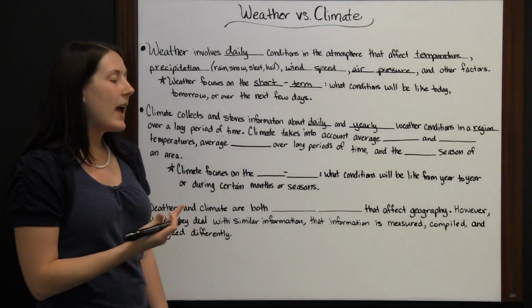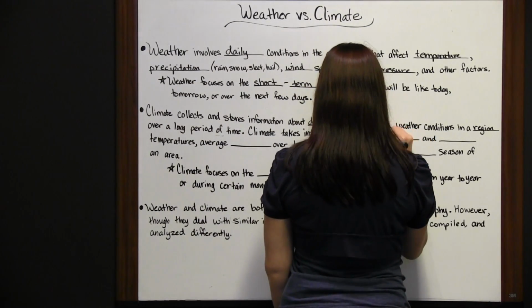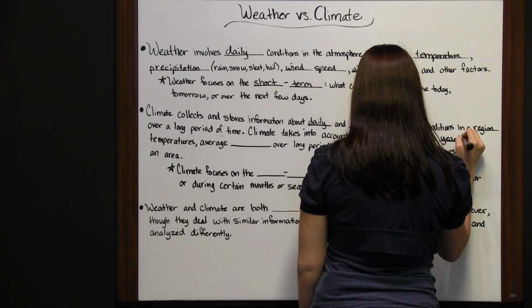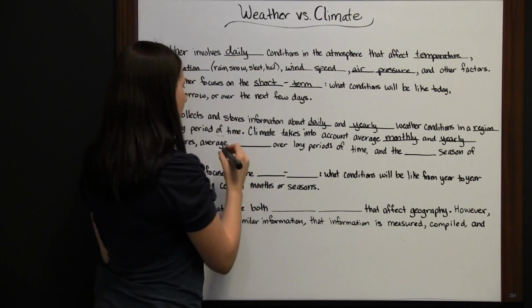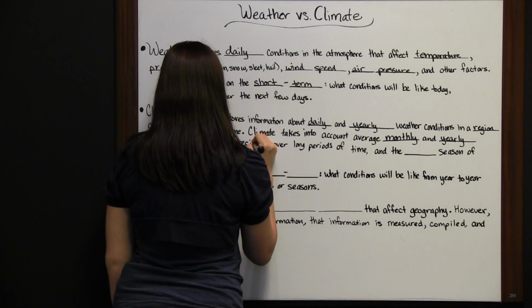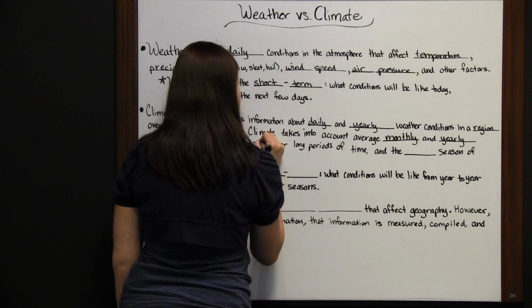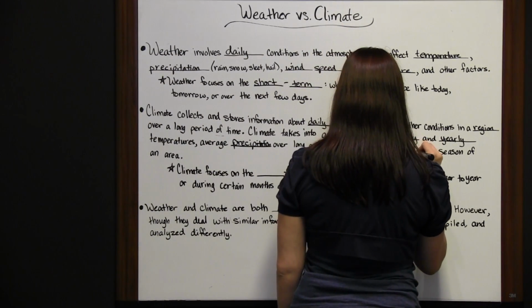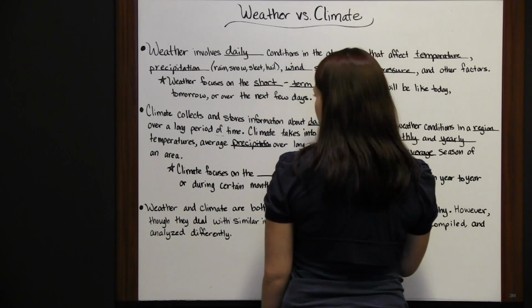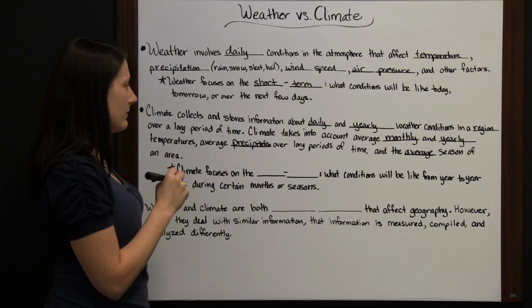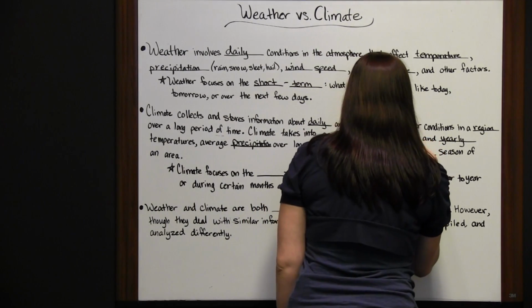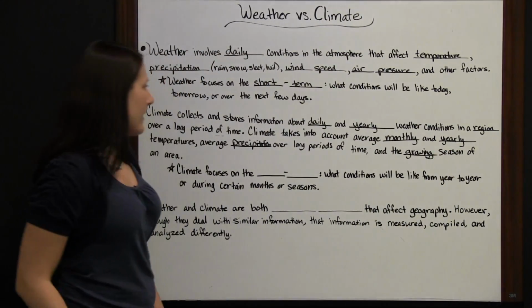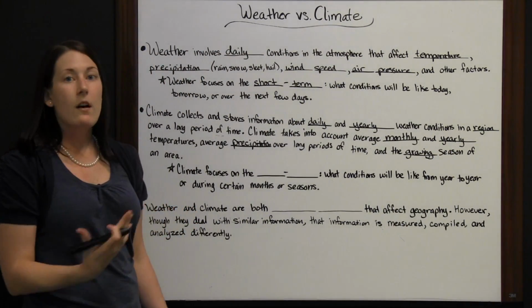Climate takes into account average monthly and yearly temperatures, average precipitation over long periods of time, and the average season of an area, the average growing season of an area. So climate is going to focus on the long term.